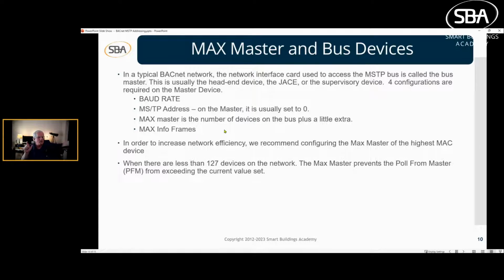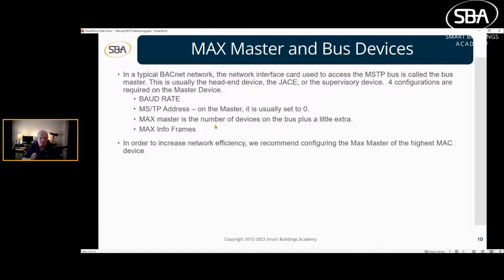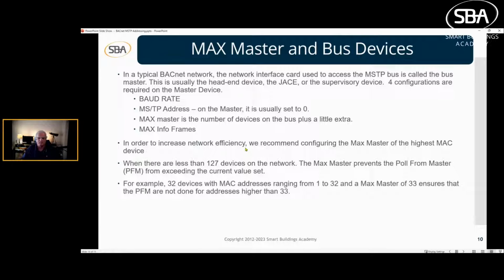I'm going to query 127 devices, even if they don't exist. Keep that in mind. You're going to need to know that later. Say you have 32 devices with MAC addresses ranging from 1 to 32 on your network. A max master of 33 ensures that the poll from master is not done for addresses higher than 33. That's the whole point I'm getting at.